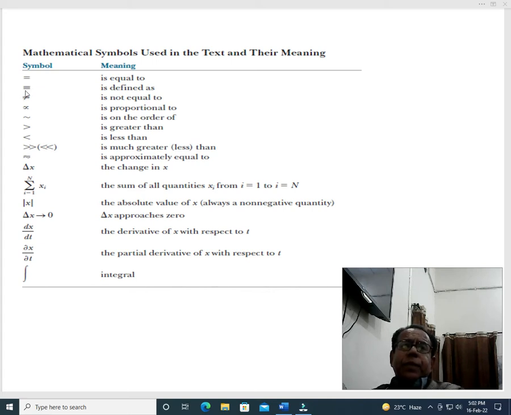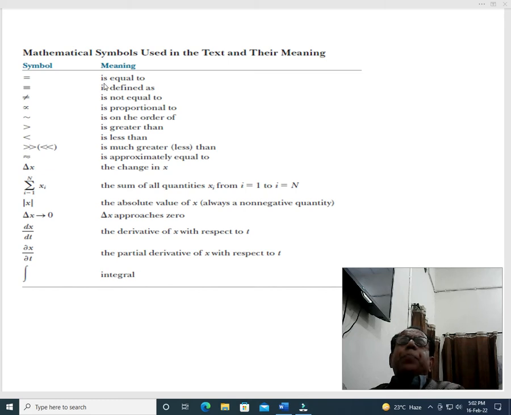Then the 3 parallel lines stand for is defined as.